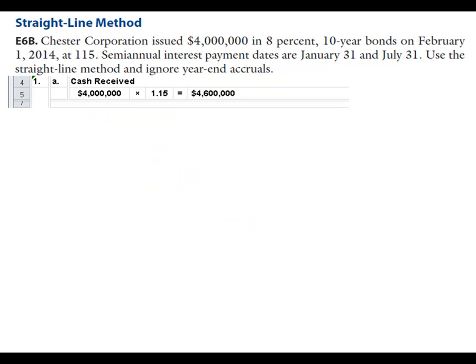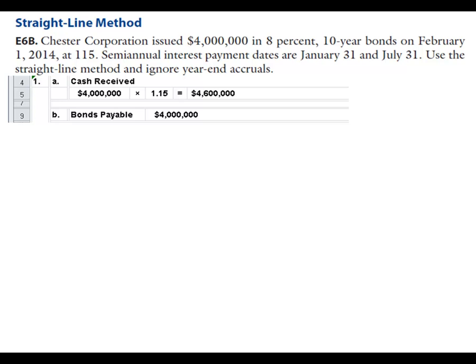The first, A, wants us to know how much cash is received. Like I said, the investors are willing to pay a little bit more. So even though it's a $4 million issue, we're actually going to receive $4,600,000 in cash upon issuing it. That's going to leave us with a bond premium amount, a little bit extra.